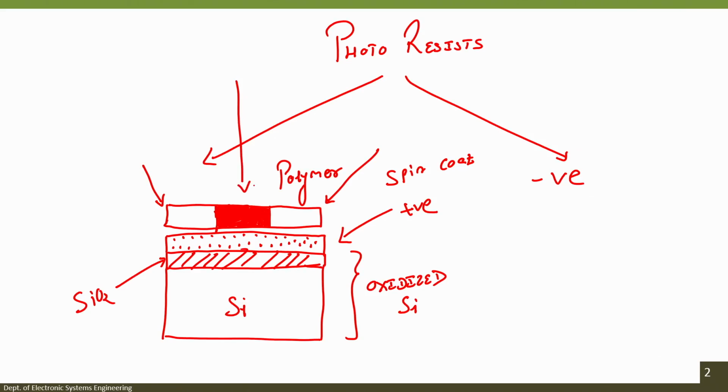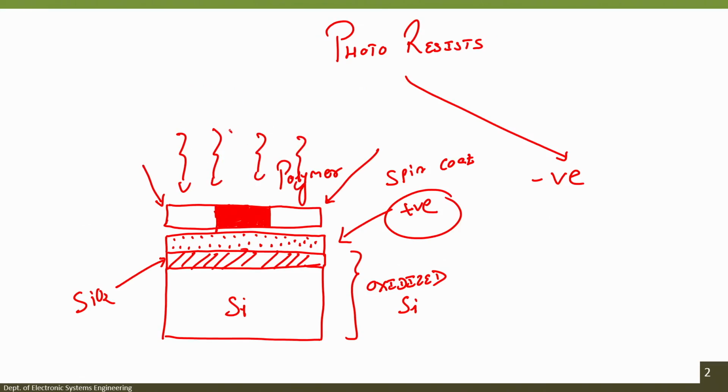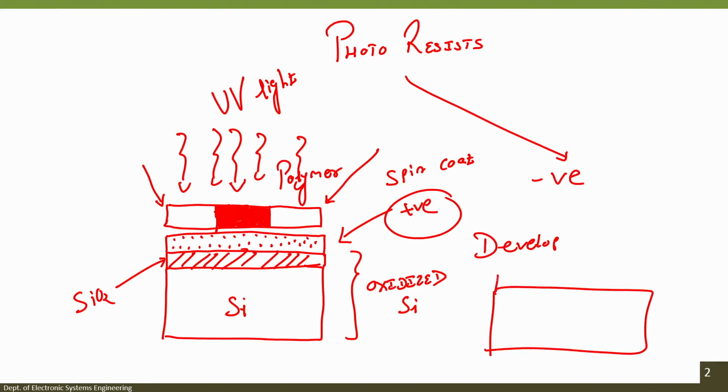So, this box and this box are transparent, and the one in the center is opaque. If I expose this positive photoresist with UV light and I develop it, what will happen? I will have an oxidized silicon wafer with photoresist only in the center region.